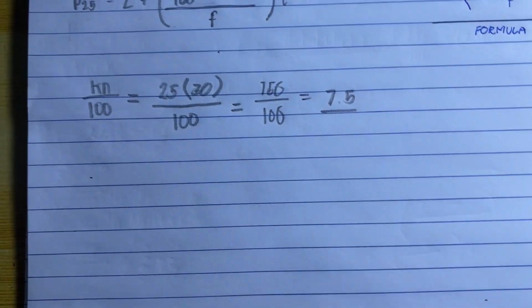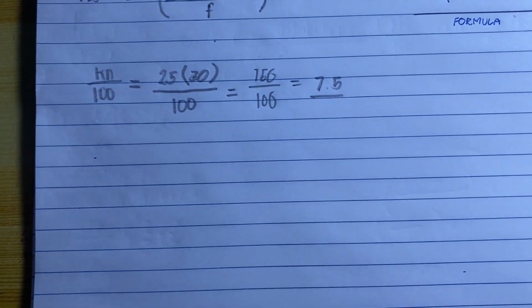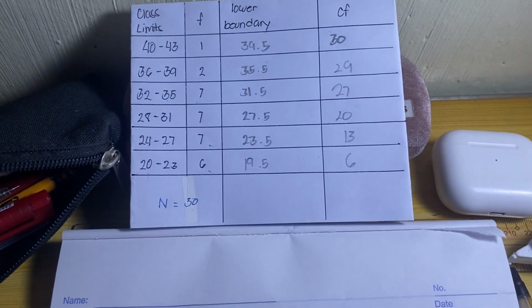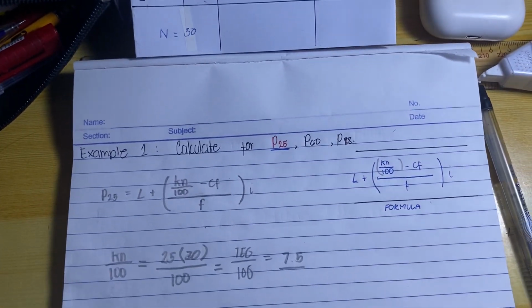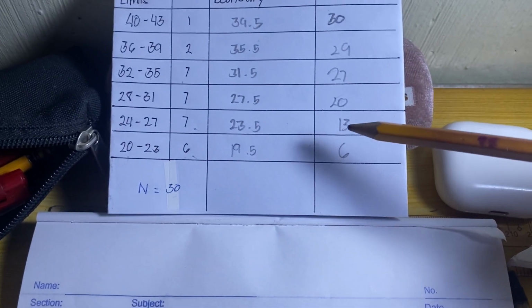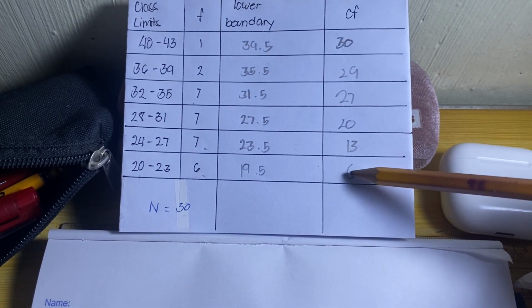Ayan. So, pwede na natin malaman kung saan to nabibilang. So, tingin tayo ulit sa table. Saan nga ba nabibilang ang 7.5? Dito. So, malapit siya sa 13 and 6.